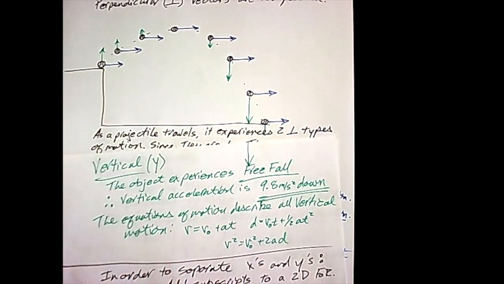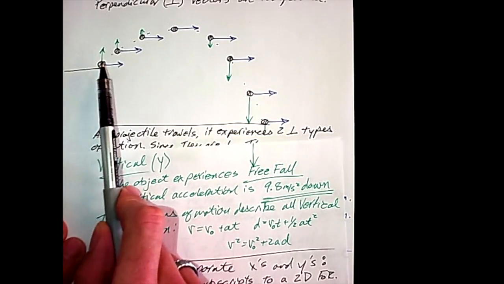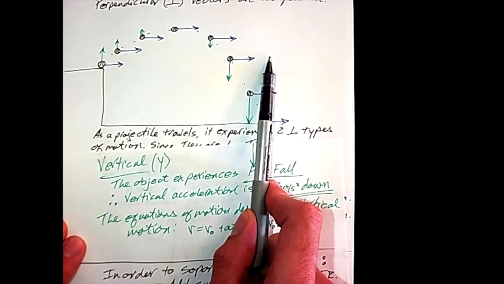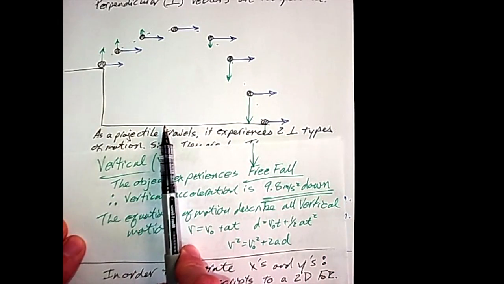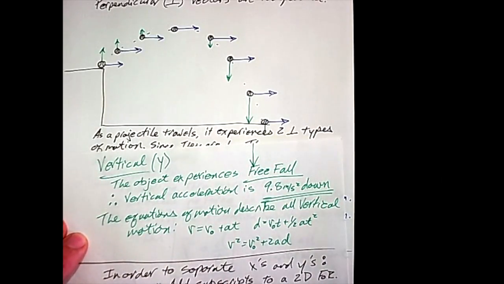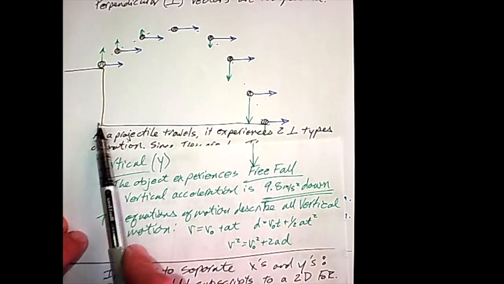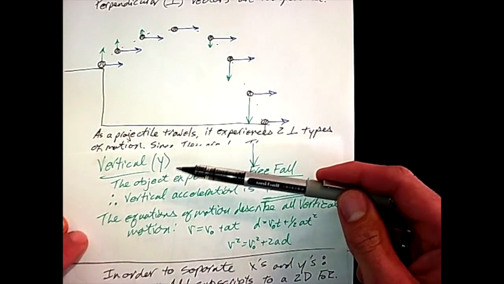Time is independent, but more importantly, the time it takes for this ball to go from here across to here is the time it takes for this ball to go up and come back down vertically, because it's all one ball. The time it takes to go from here to there is the time it takes to go across and is the time it takes to go up and come back down.